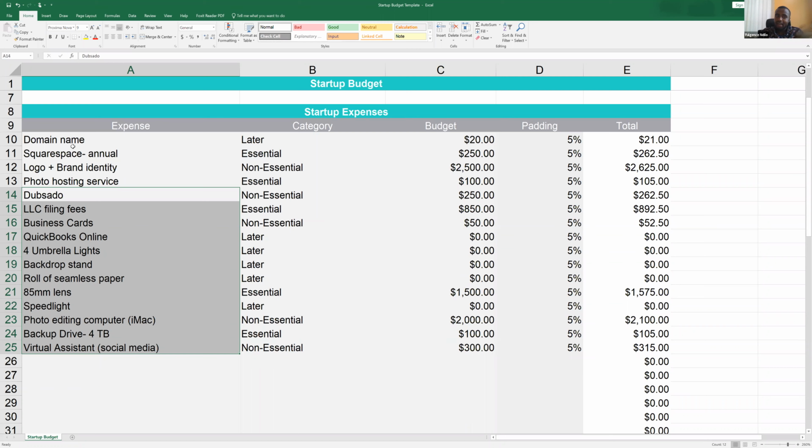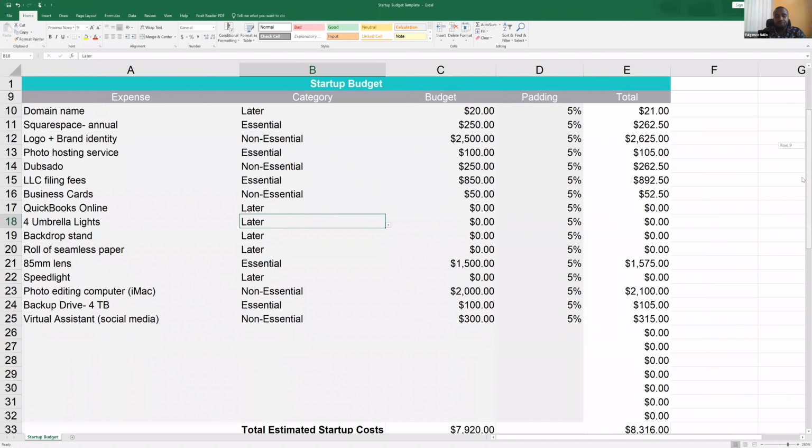You'll need the umbrella lights, right? All these, you'll need them. And for instance, for this kind of example, the umbrella lights, you can buy them later because they are not required urgently, right? So this is where you're going to put your startup expenses.